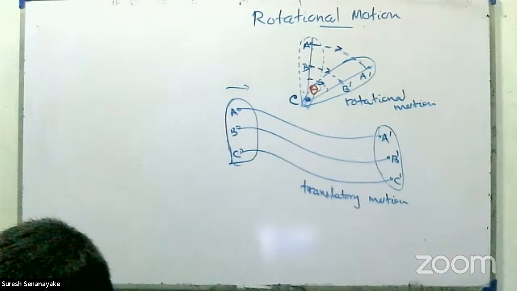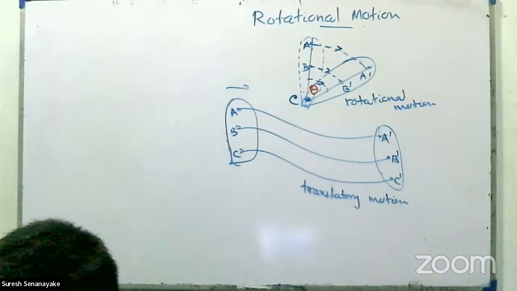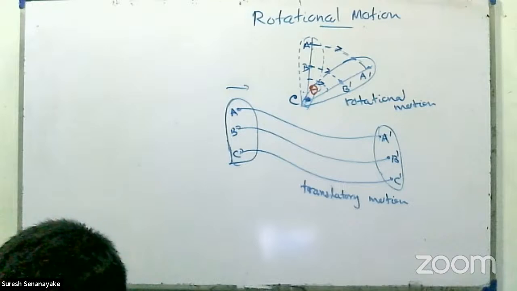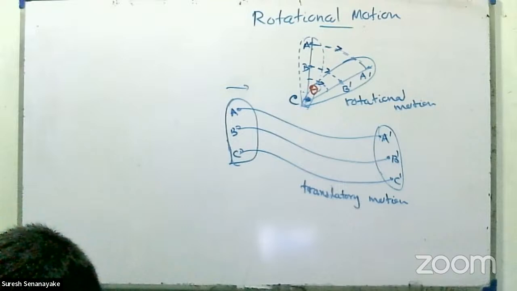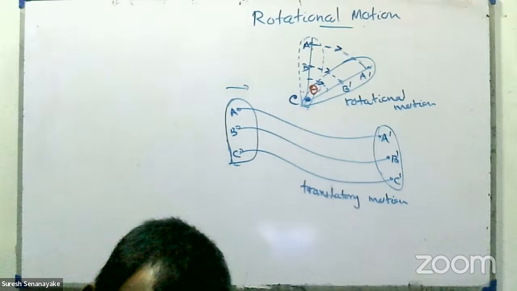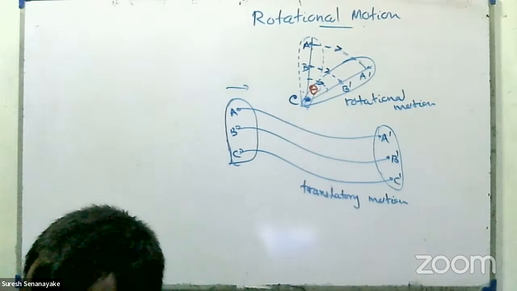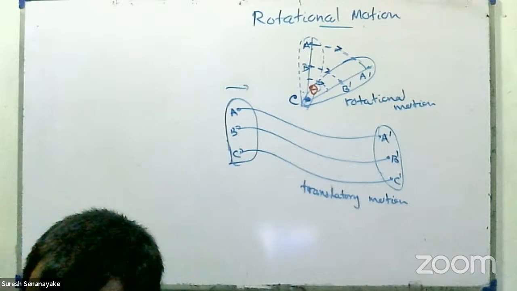When different particles of the body undergo the same displacement, the motion of the body is called translatory motion.